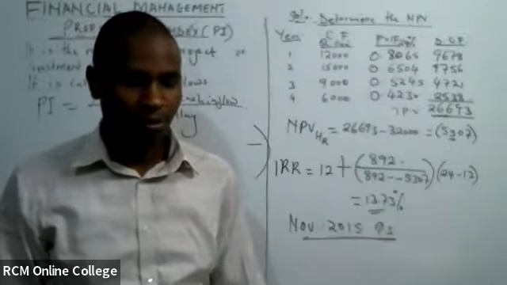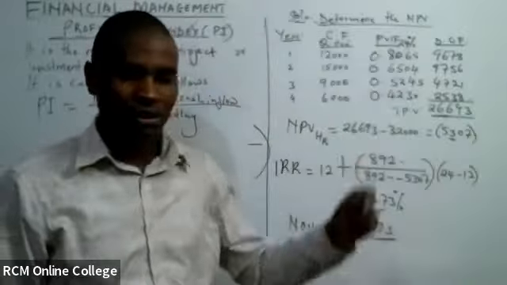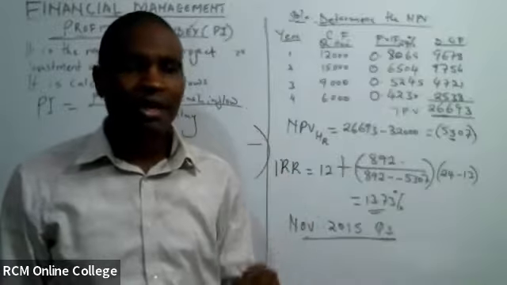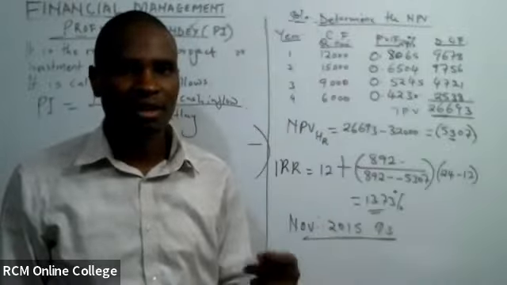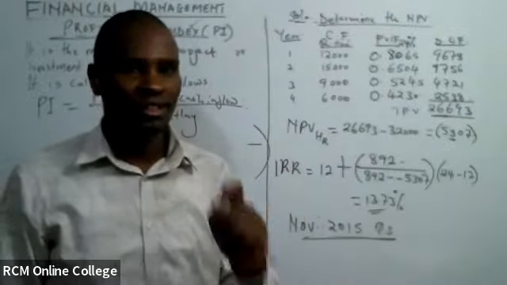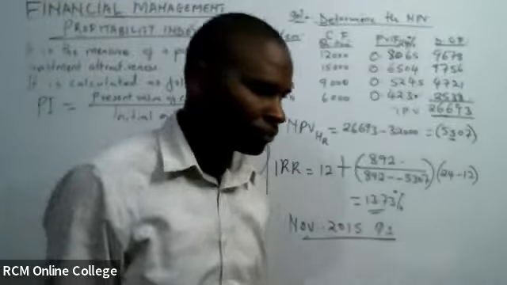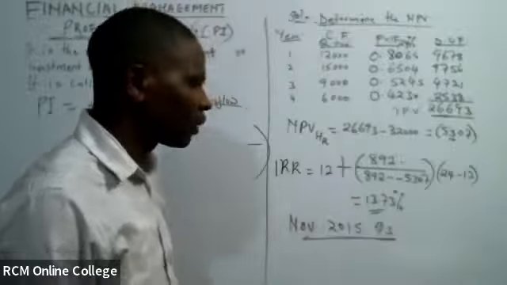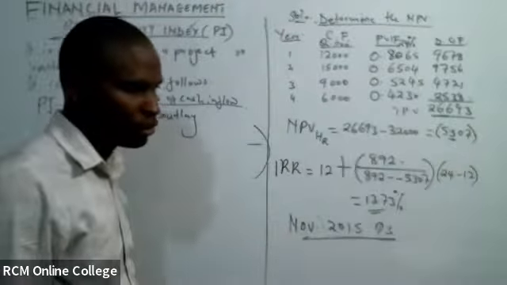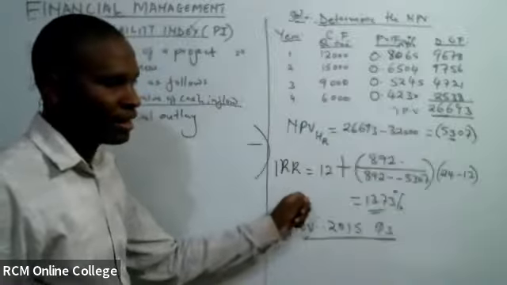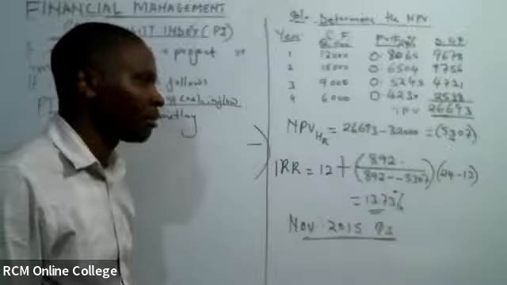Next point, under IRR: if the IRR is less than the cost of capital, you reject the project. And the last one, if the IRR is equal to the cost of capital, you may accept the project.